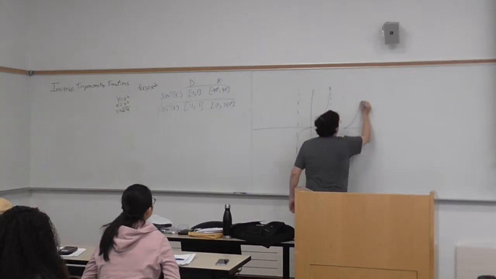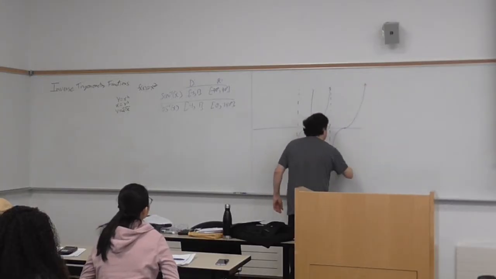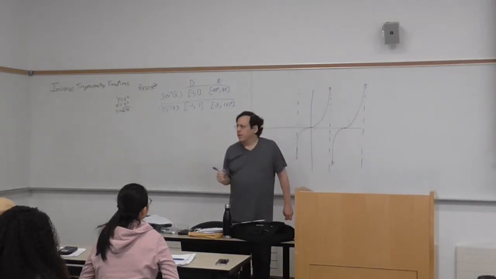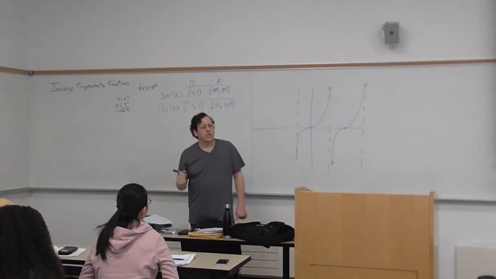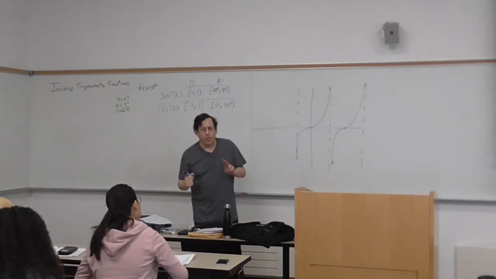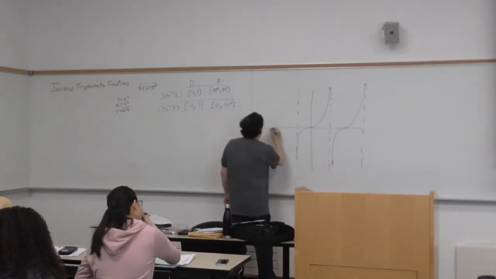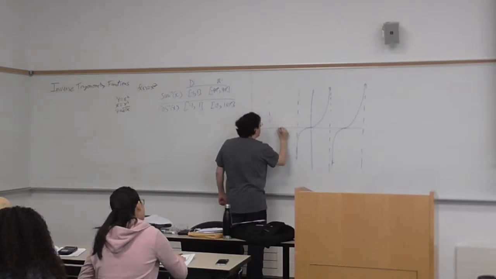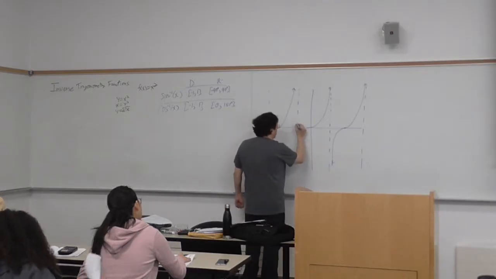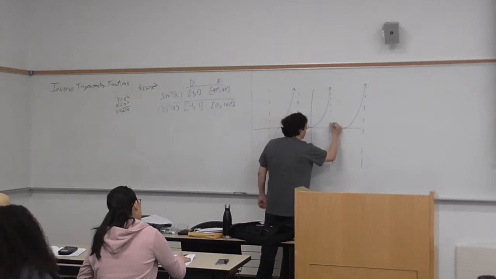Can you recall the period of the tangent for me? It's pi, right? It's not 2 pi. It repeats every pi. So it's going to go between minus pi over 2 and pi over 2 here.